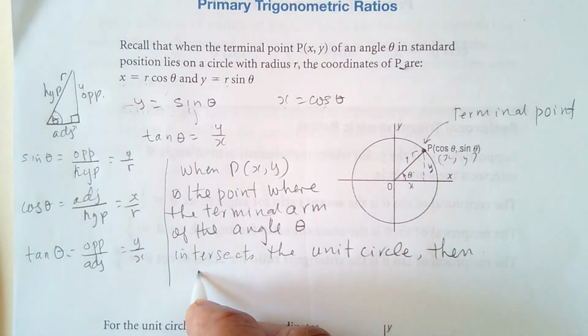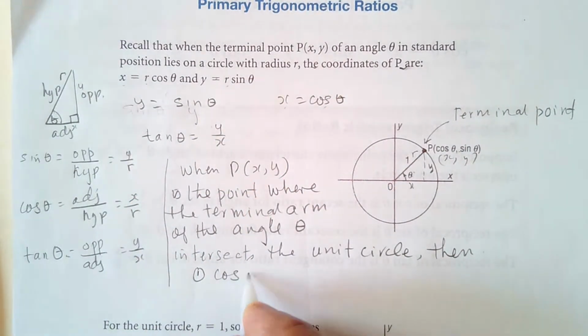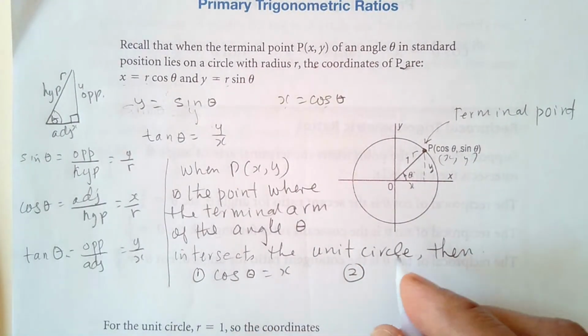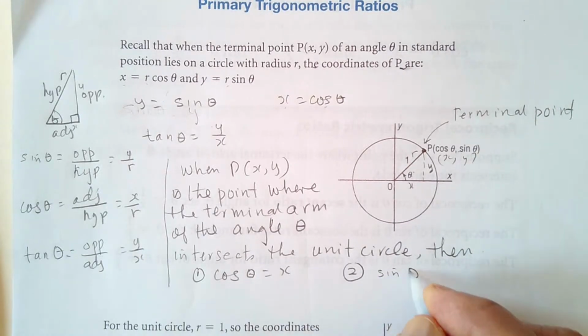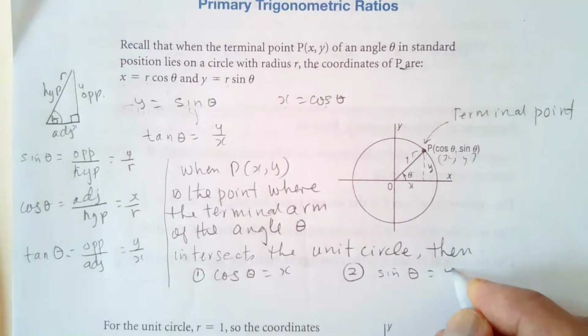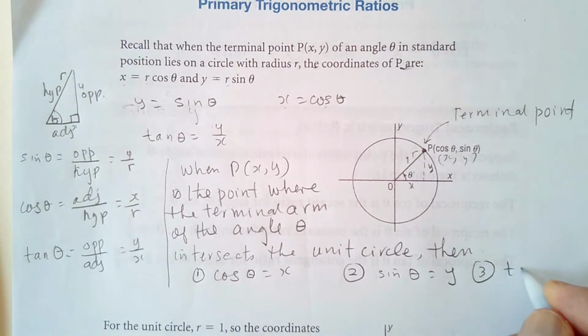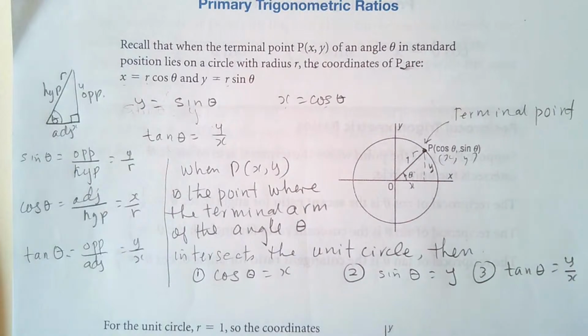So we have, number one, cos theta is equal to x. Number two, sine theta is equal to y. Number three, tan theta is y over x.